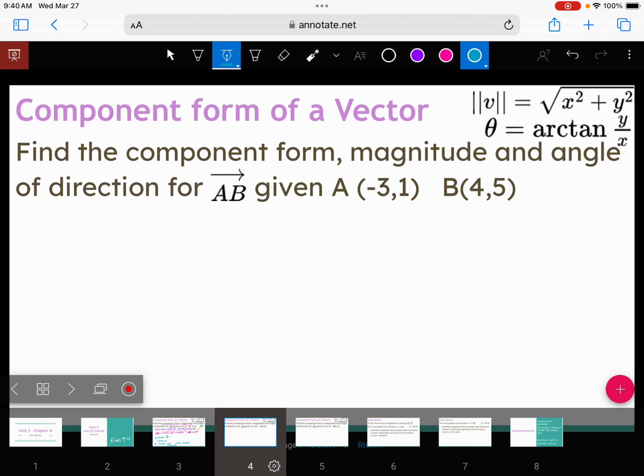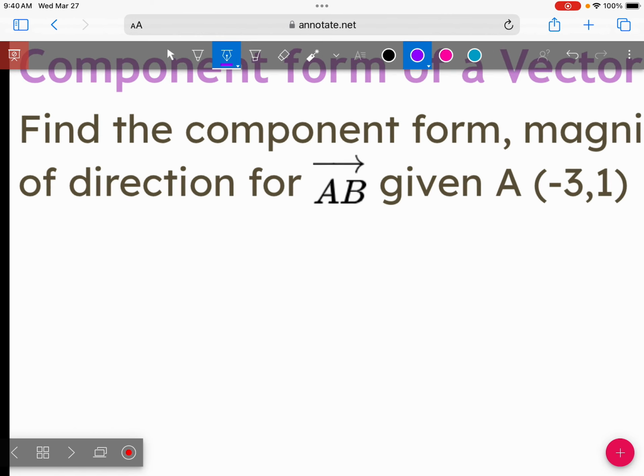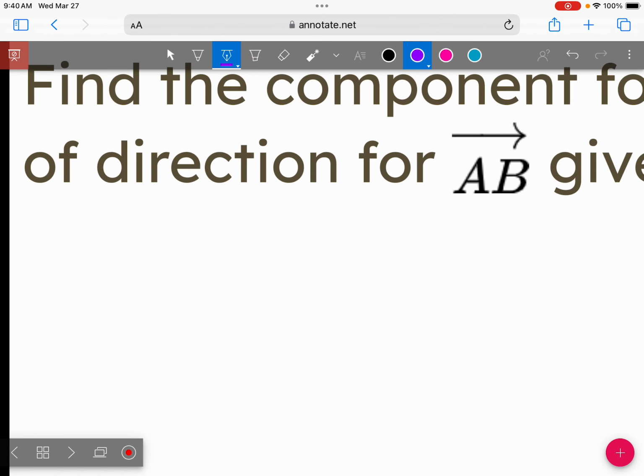Different numbers? Okay, good. They are different numbers. They just look really similar. All right, it's the same thing. We're finding the component form, magnitude, and angle when we're given 2 points. Same deal. So to find our component form, what are we going to do? Change of x and change of y.